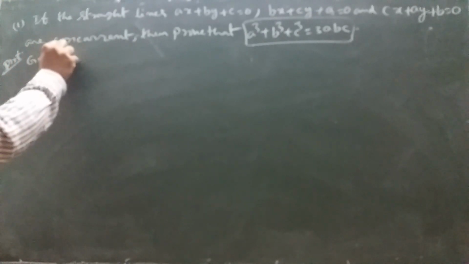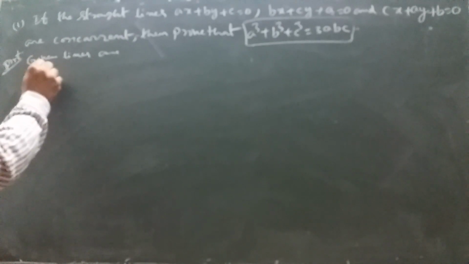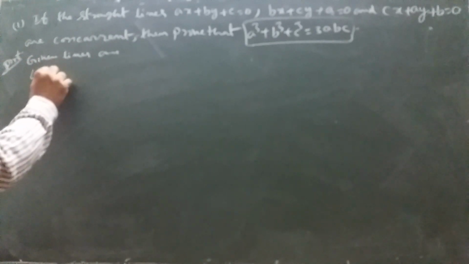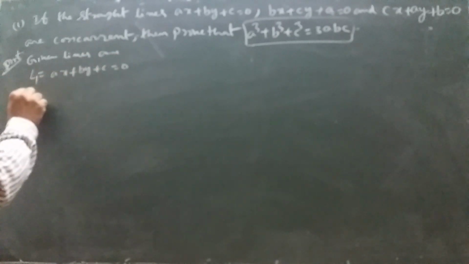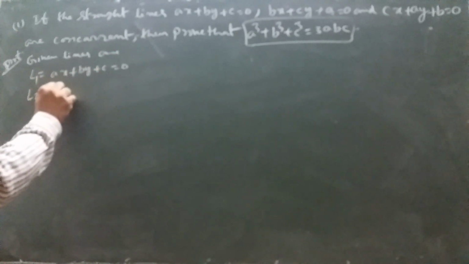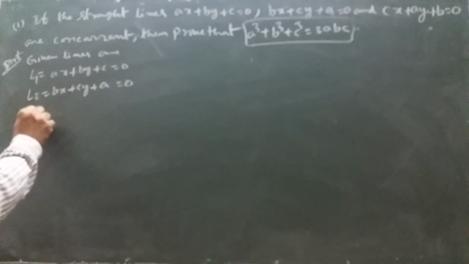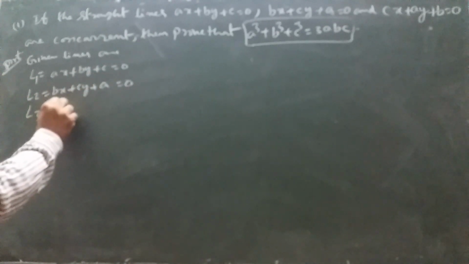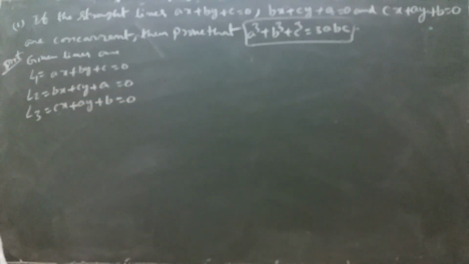Solution, proof. Given lines are L1 is equal to ax plus by plus c is equal to 0, L2 is equal to bx plus cy plus a is equal to 0 and L3 is equal to cx plus ay plus b is equal to 0.